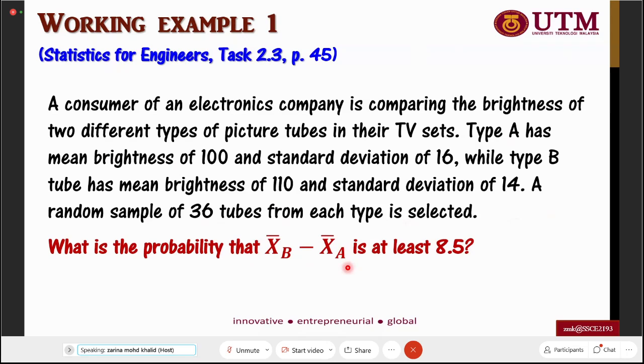We need to look at the information again. We do have mu A, sigma A, mu B, and sigma B, right? And also we do have the sample sizes, which are both large. In that case, you should be able to make use of all this information to define the distribution for x bar B minus x bar A by using the central limit theorem.